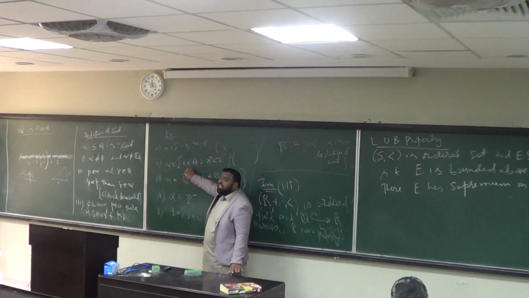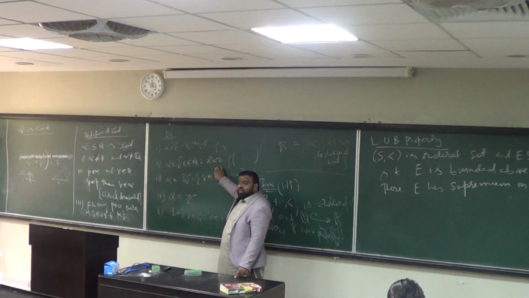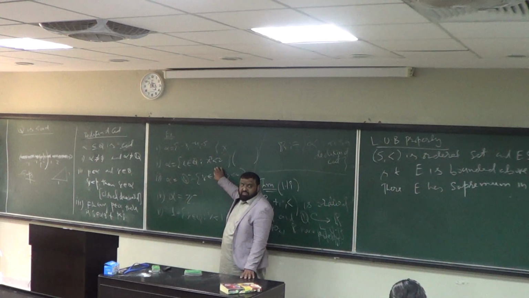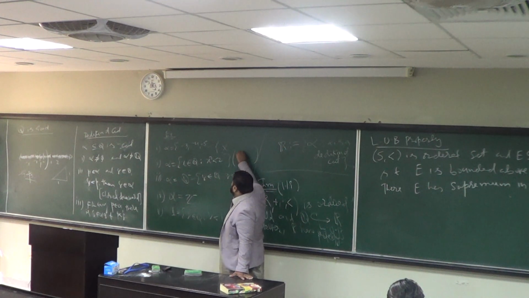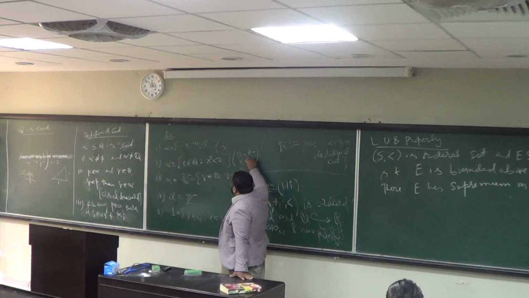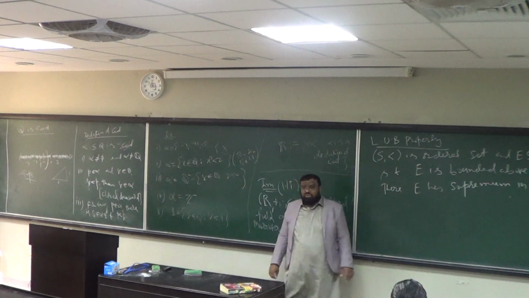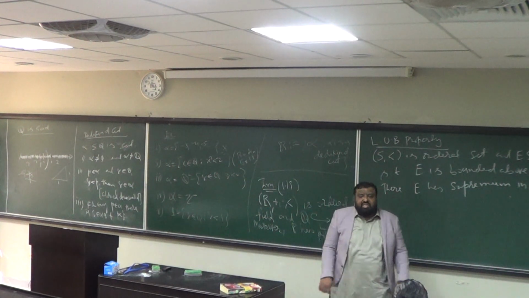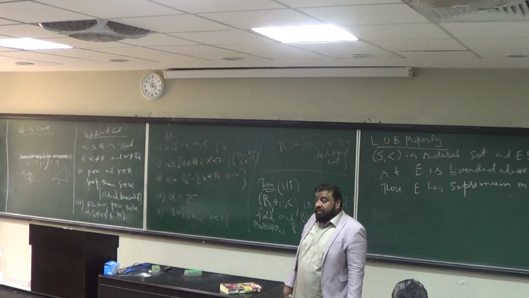So though this set is bounded above in Q, you can't find a supremum. So this least upper bound property is not everywhere.